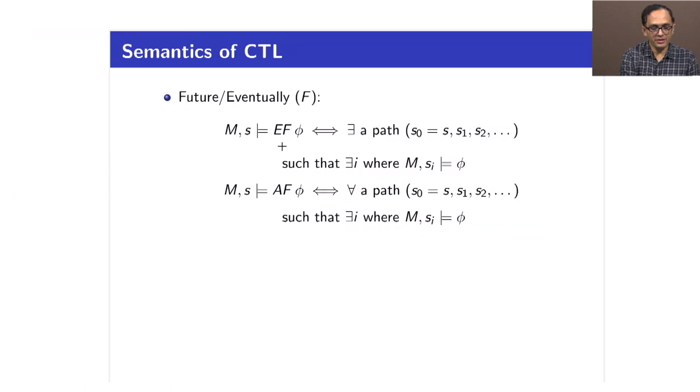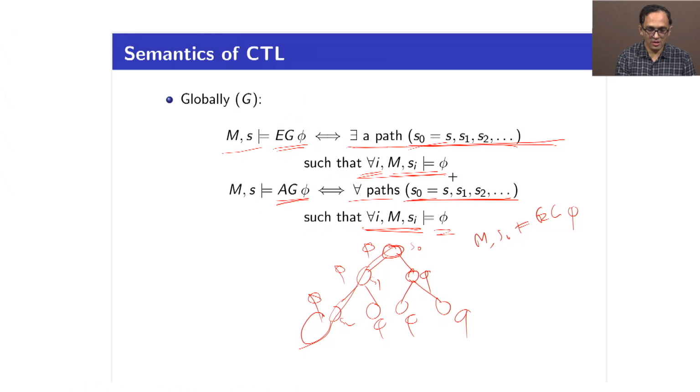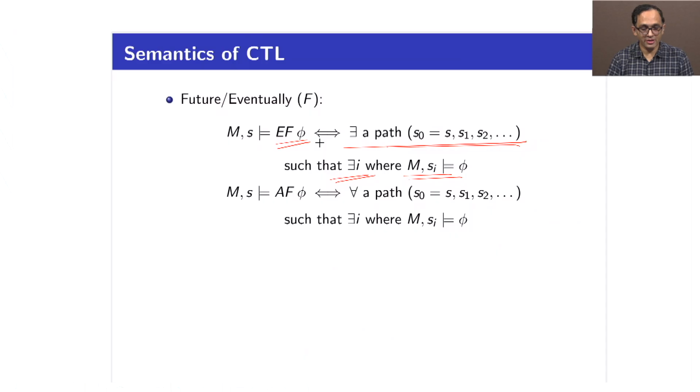And EF phi means there exists a path starting from S, and in this path in the future there exists a state i in which phi holds. It is not in all states. So, the difference here is that for EG, because it is global, phi holds in every state, while for EF, it means in some future state it holds. So, there exists some state i such that M, Si satisfies phi, right.